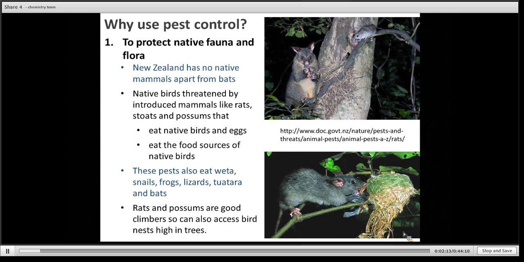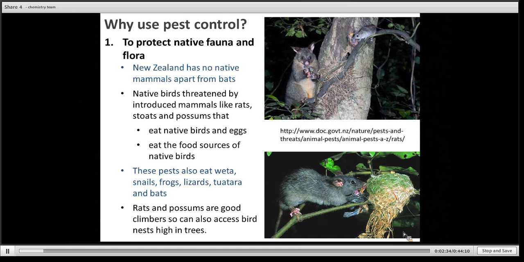These pests also will eat weta, the native snails, native frogs, lizards, tuatara, and even the bats that we have. Other pests are also a lot of the deer in terms of the grazing of the native flora. Rabbits are also a problem.